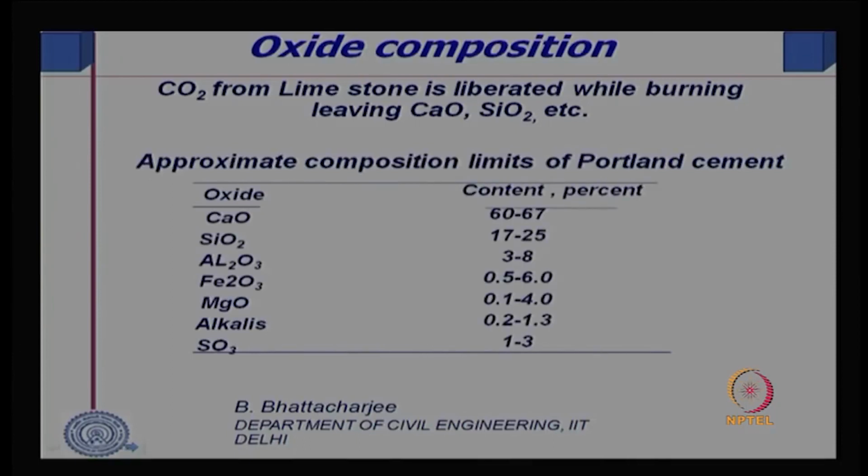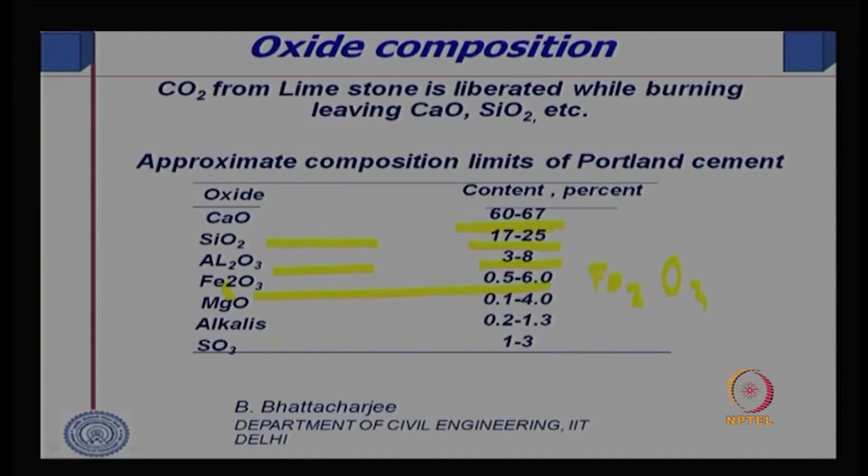And approximate composition limits of the ordinary Portland cement, if we look at it, generally calcium oxide would be 60 to 67%. Silicon oxide or SiO2 is 17 to 25%, and aluminum oxide is 3 to 8%. Iron oxide, it should be Fe2O3, the 2 should be subscript, 0.5 to 6.